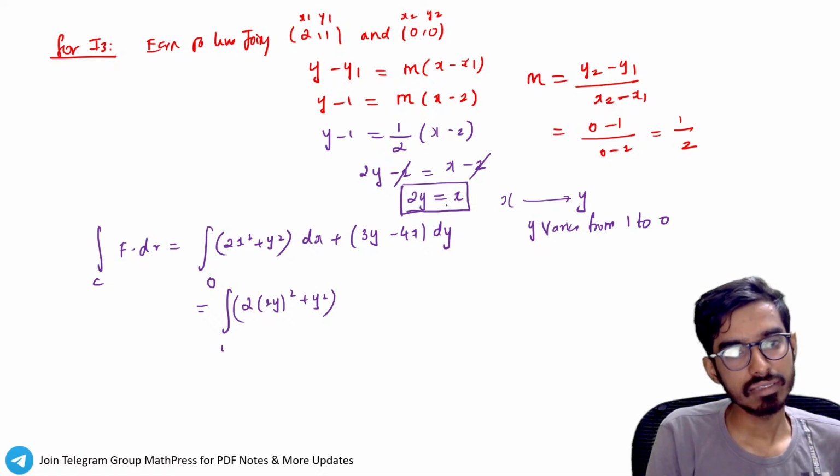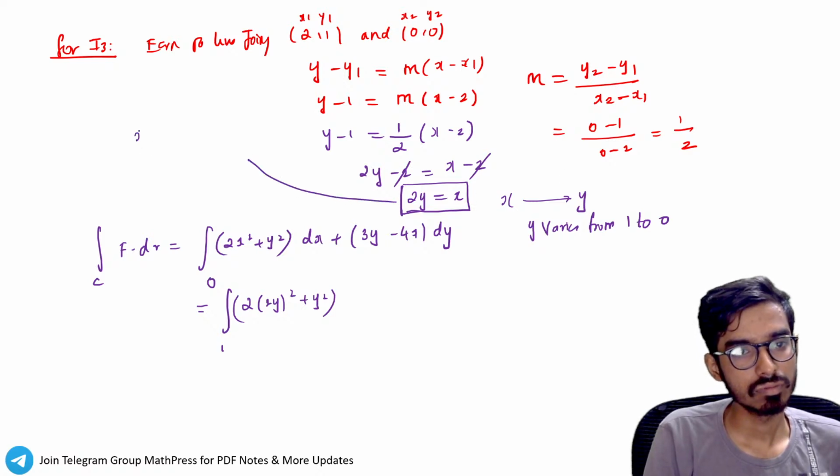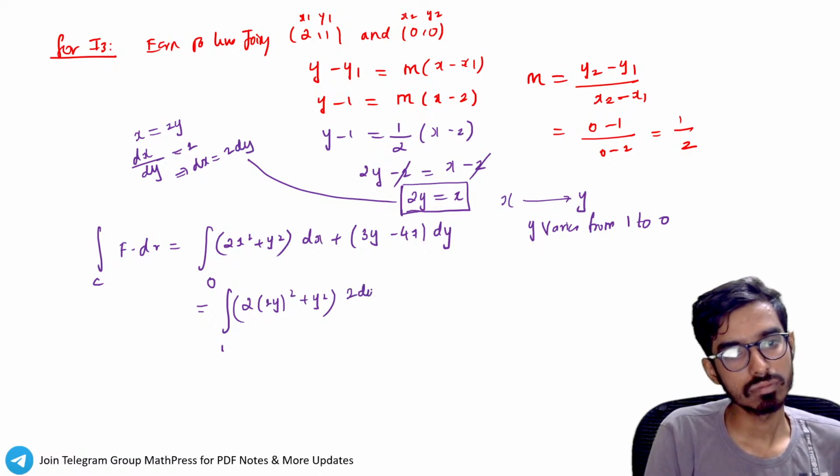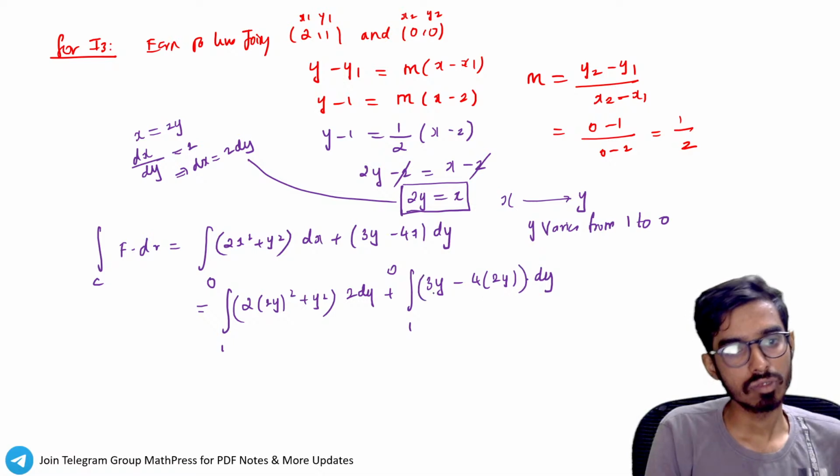So what about dx? dx is 2 dy. So you do this, right?